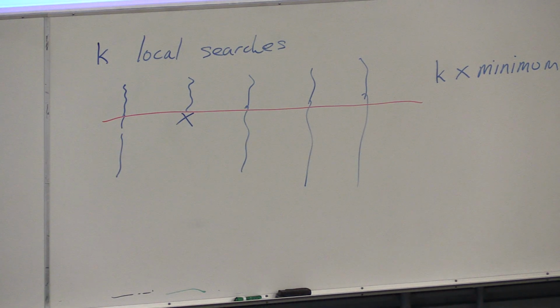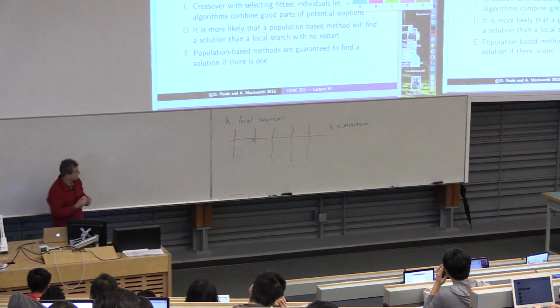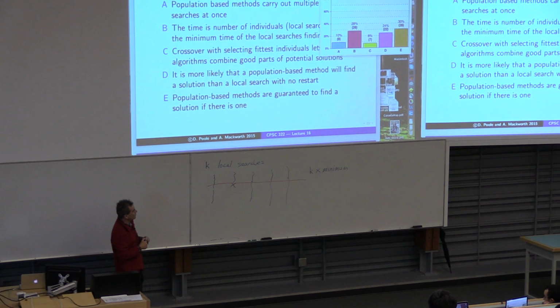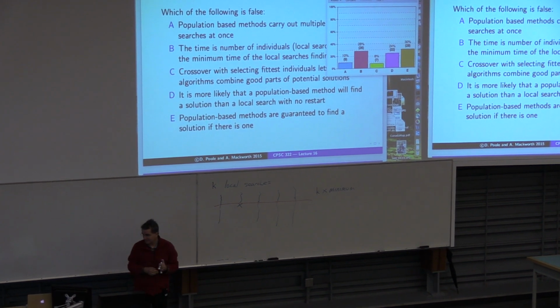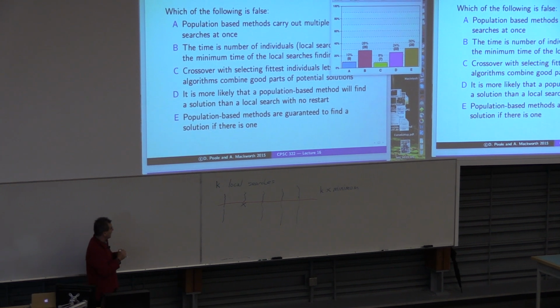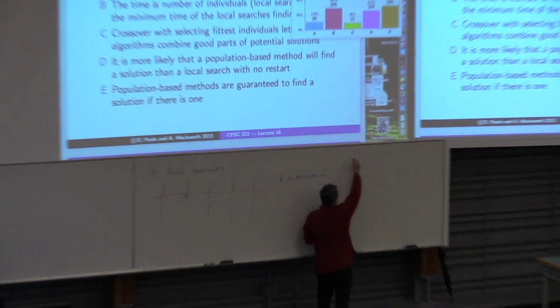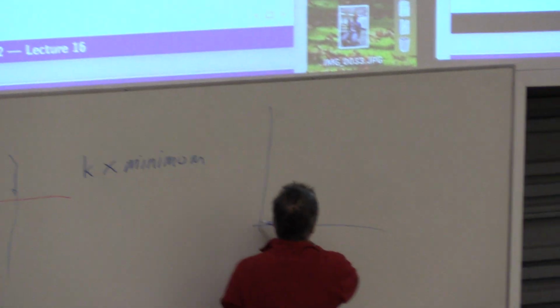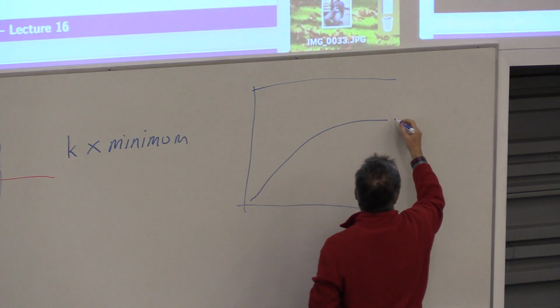All right, what's other? D. It's more likely a population-based method will find a solution than a local search with no restart. If you remember the graphs that we did, we had some percentage of runs where there was no solution.